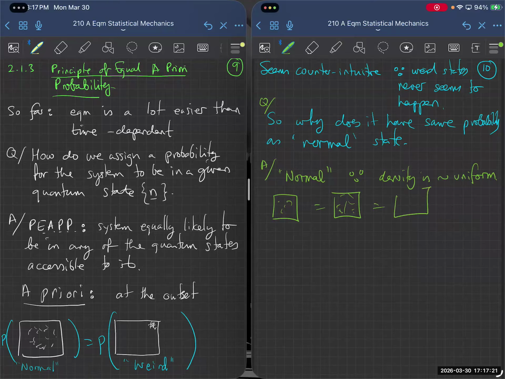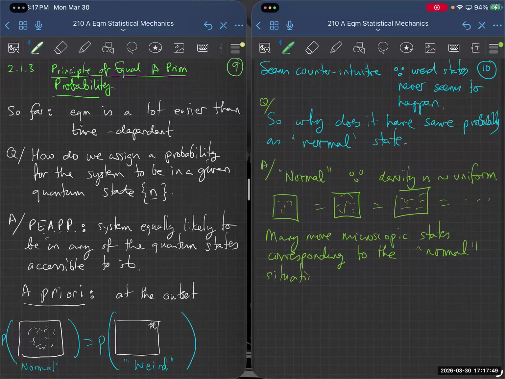These are all supposed to look different. There's many more microscopic states corresponding to the normal situation where the density is uniform.